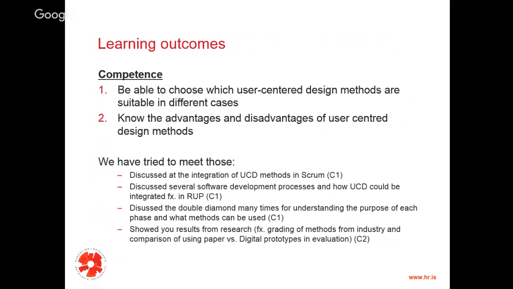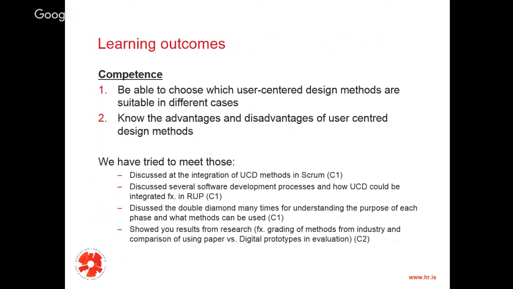Okay, competences. How have we met those in the learning outcomes of the course? We discussed the integration of user-centered design methods in Scrum. We discussed which UCD methods are suitable in the different phases of Scrum and Agile processes.